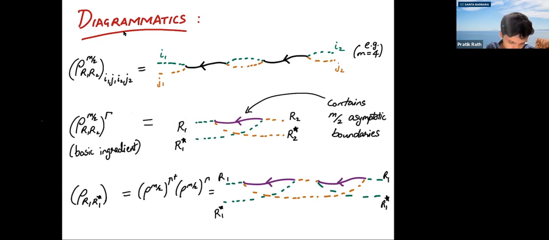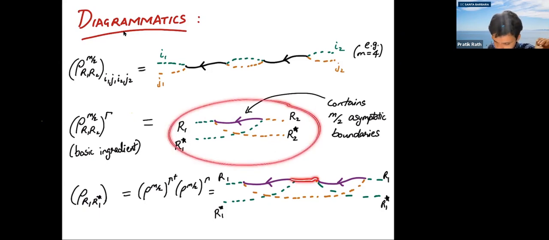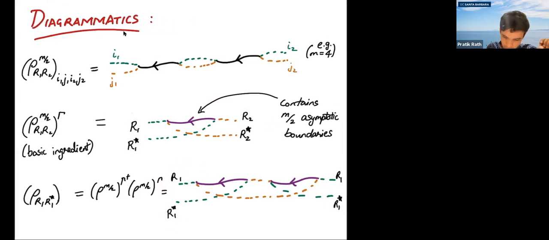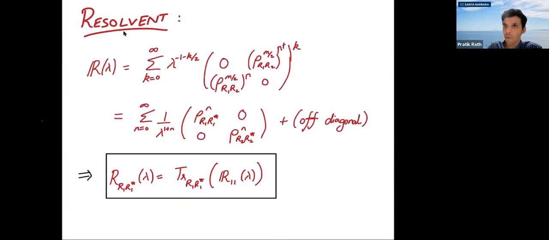That's what I mean by the state on R1. Okay, good. So using two of these, we now trace out this R2 and R2 star. That just implies we have two copies of this and we glue together these orange lines as such, getting a density matrix on R1 star. Now we consider a slightly more general version of the resolvent.